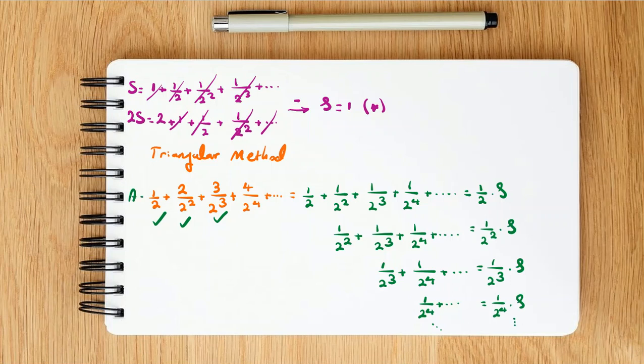So let's consider A equal to S/2 + S/2² + S/2³ + S/2⁴, and so on. So let's write it: A equals 1/2 S + 1/2² times S + 1/2³ times S + 1/2⁴ times S, and so on.